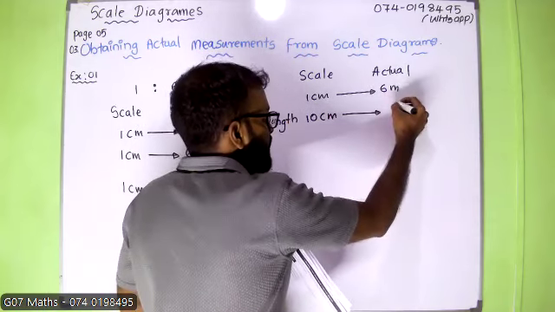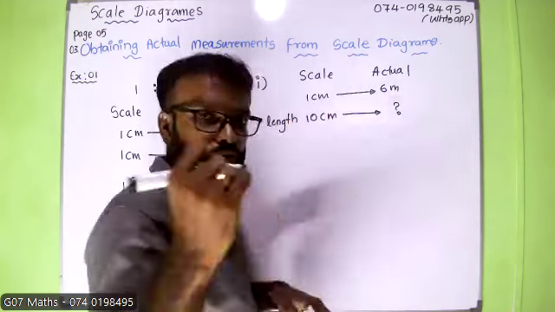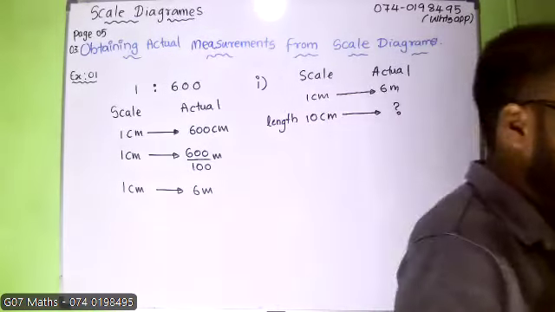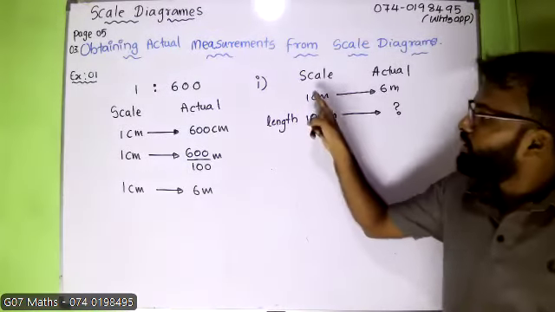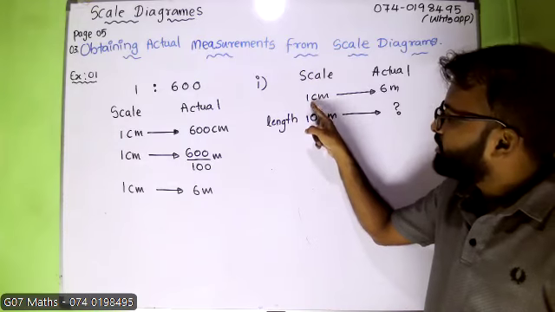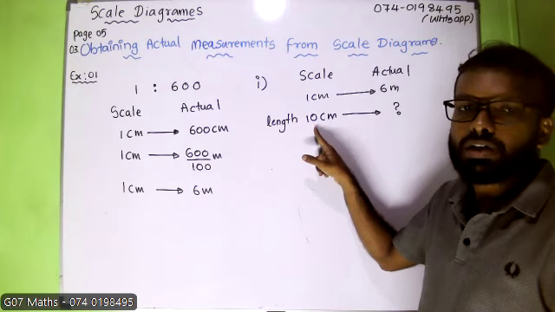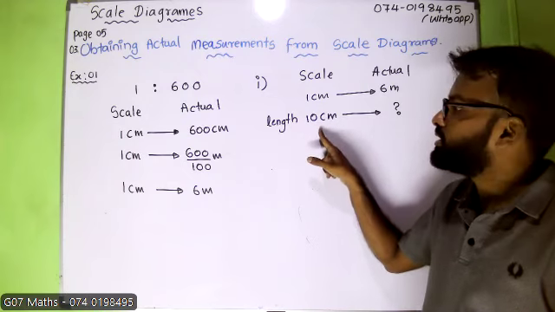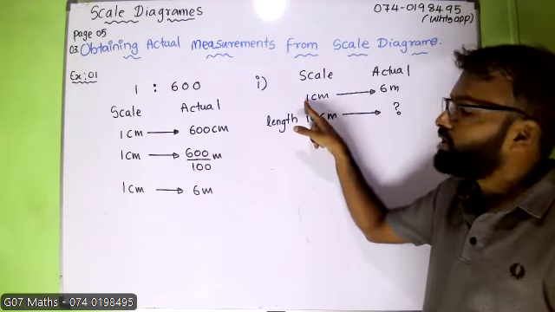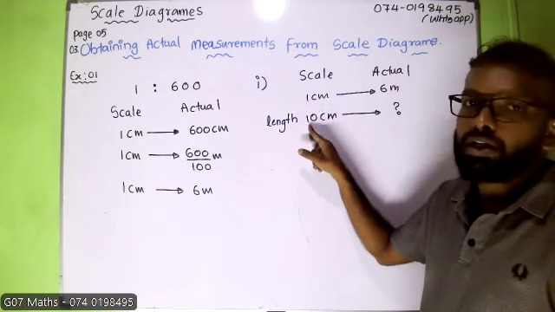Scale is 1 centimeter to 6 meters. So this has become 10 centimeters. Our scale diagram length is 10 centimeters. By using 1, how do you obtain 10?